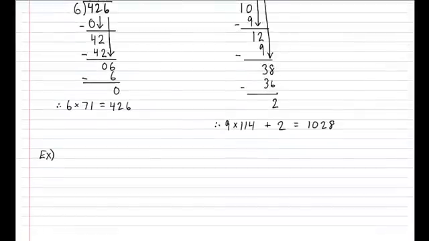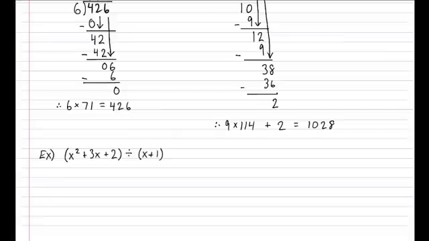Suppose I give you a polynomial, (x squared plus 3x plus 2), and I must insist on the brackets to clearly identify that it is a polynomial. Divide by another polynomial, (x plus 1). And again, that must be surrounded by a bracket to clearly identify that it is a polynomial.